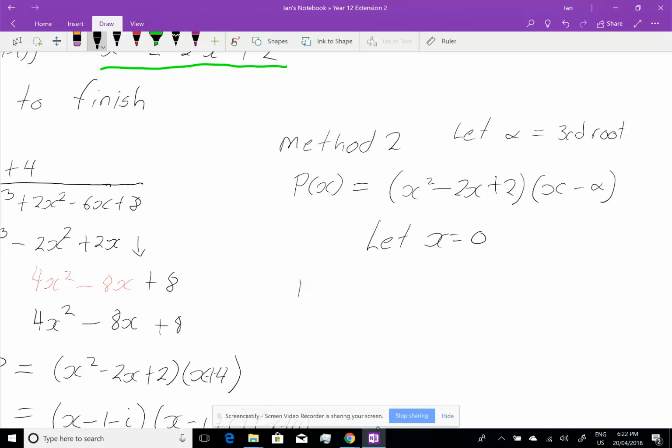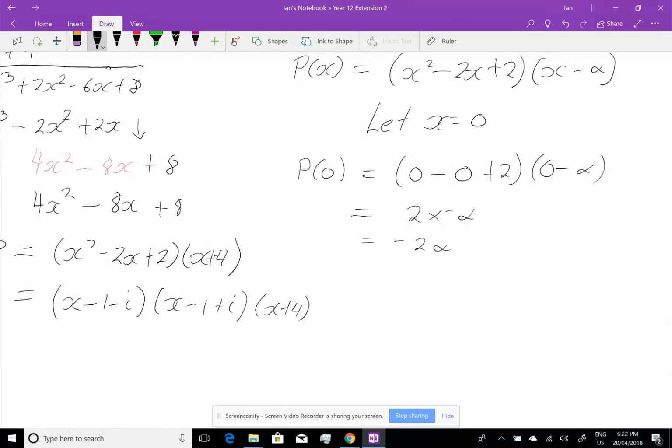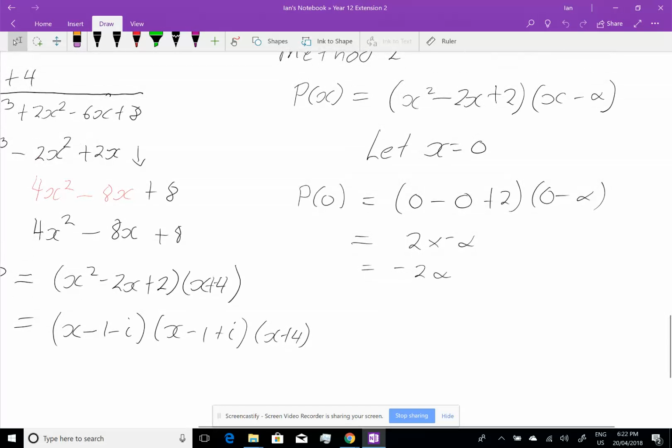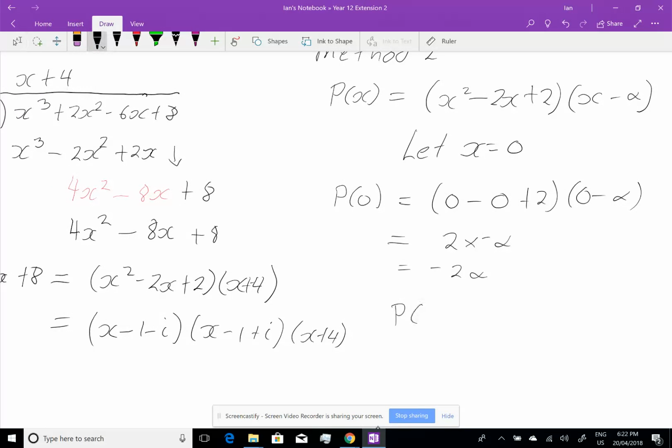So p of 0 equals 0 minus 0 plus 2, times 0 minus alpha. Here we go again: 2 times negative alpha, minus 2 alpha. And we know when we go back to the original equation, p of 0 also equals 0 cubed plus 2 times 0 squared minus 6 times 0 plus 8.